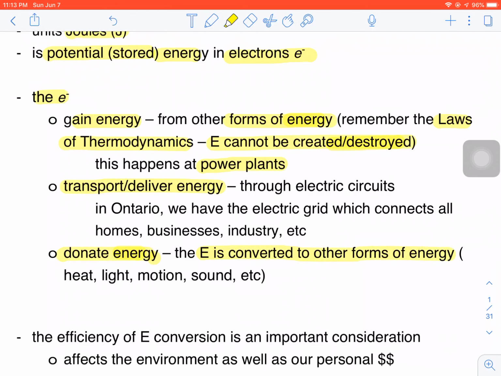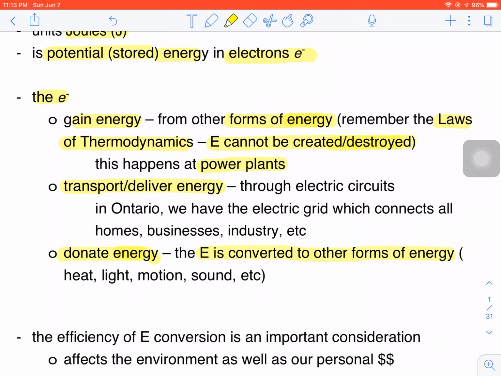All right, so there are 3 things that we're going to be talking about. One, how electrons will gain energy. Not so much, we've talked quite a bit about that in our nuclear energy unit. You looked at hydroelectric power also, and we're not going to talk about solar or wind, but just recognize there are other forms of energy available for donating electrical energy to electrons.